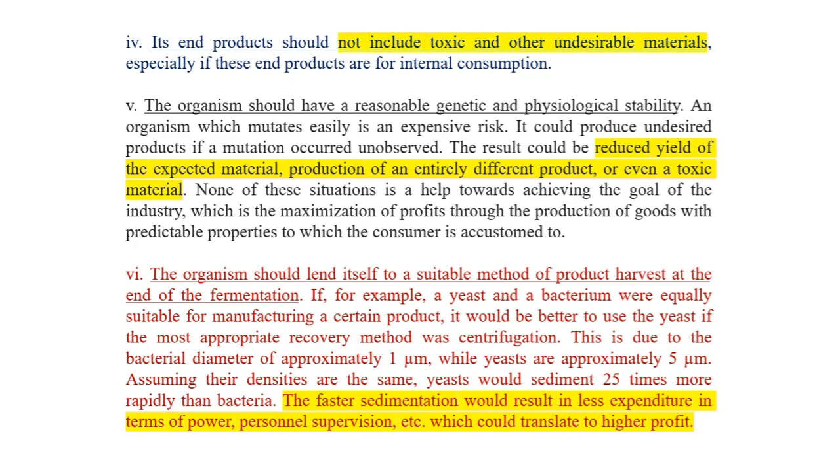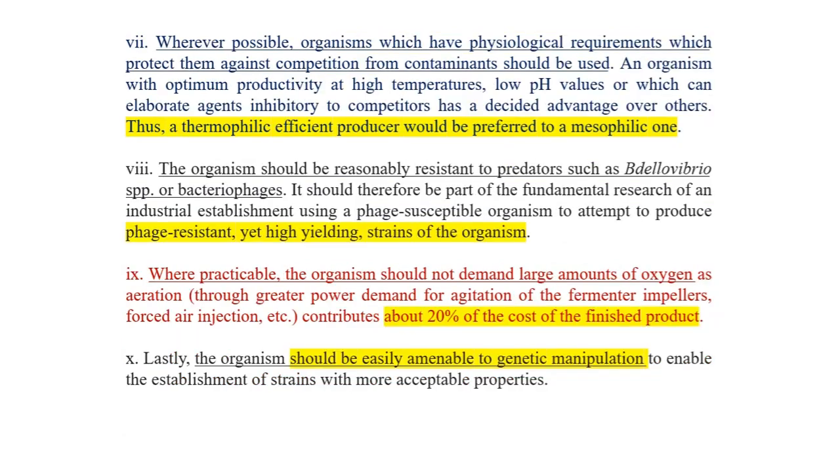This is because the bacterial diameter is approximately 1 micrometer, while yeast are approximately 5 micrometers. So the faster sedimentation rate will facilitate faster recovery, faster purification, or a faster downstream process. If you have two sources, and both are equal, you can choose the one that is better for downstream processing. So this is also better.